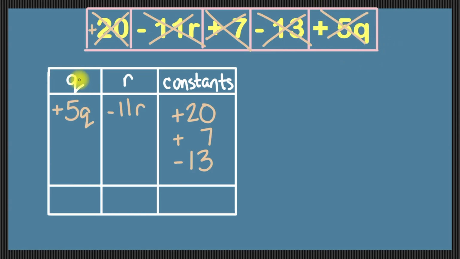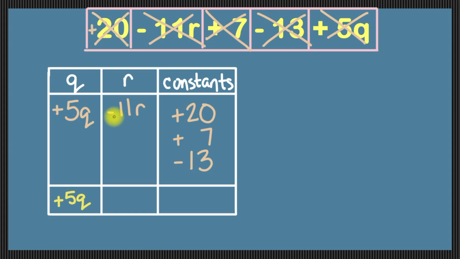Now that we have our term table filled, all we have to do is focus on each of our columns and then bring down our answer into the bottom of the column itself. So in this column here, we've got positive 5Q. There's nothing to combine it with, so we can just bring it down. Positive 5Q. Our next column is the R column.